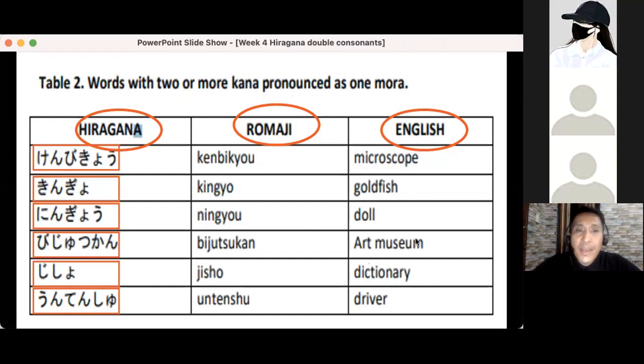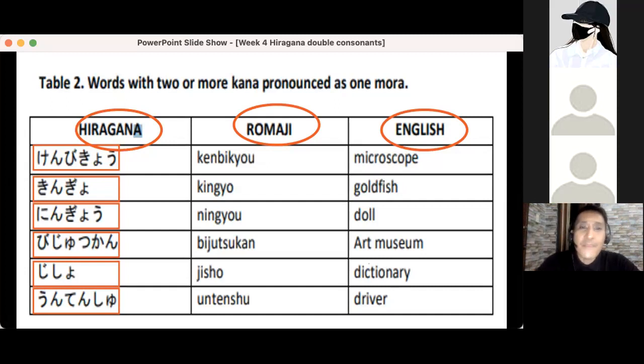Pag may OU po tayo, ibig sabihin po prolonged sound ng syllable. Example, kenbikyo. Pag walang U sa dulo, kapag pinag-ugnay natin siya sa O, pinoprolong natin ang sound ng O. Pag may kasamang U si O, ibig sabihin i-prolong natin yung sound.